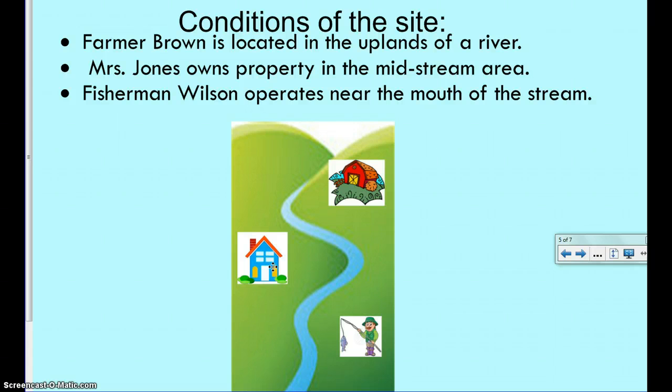Maybe she's concerned about flooding, or maybe she just likes to look at the animal life around there. We're not sure yet. You should understand why Fisherman Wilson would operate near the mouth of the stream. Since all the fish would go down the river downstream into the mouth, Fisherman Wilson will find lots of fish there to make his business very profitable.